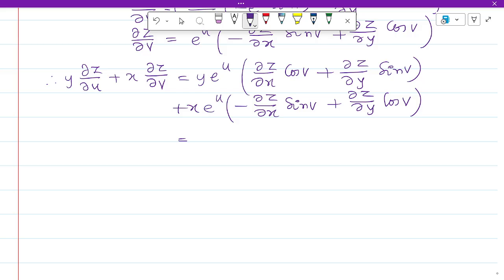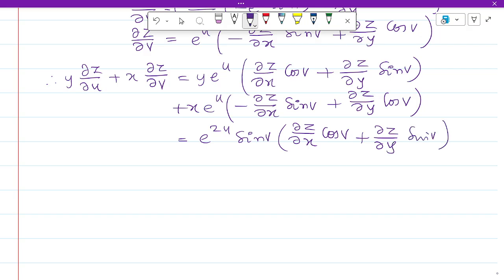You have to multiply this. If you multiply this, you will get e^u into e^u, e^2u, that is e^2u sin v, then ∂z/∂x cos v plus ∂z/∂y sin v. Similarly here you have to multiply with x.